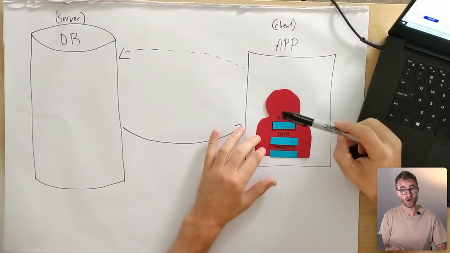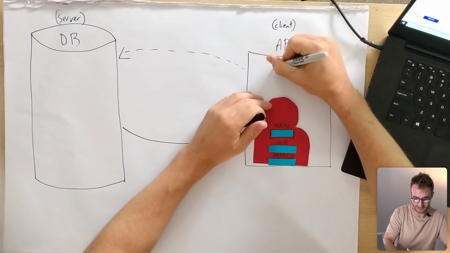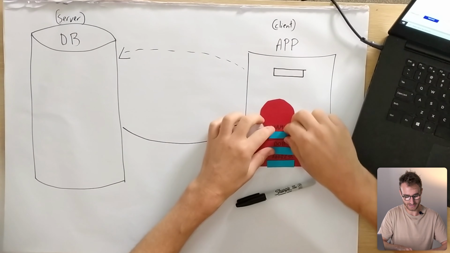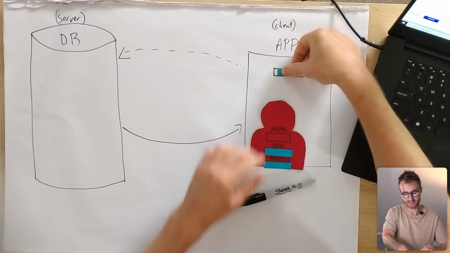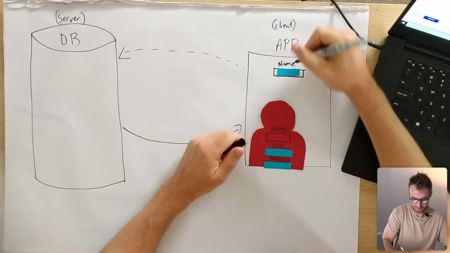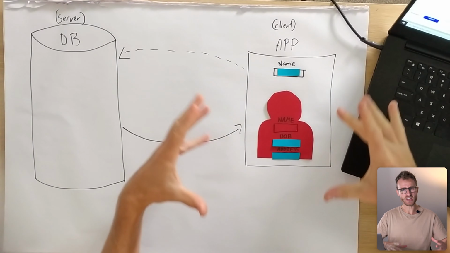And now the app might only need the name. It might only have a field over here which is going to display the user's name, let's say. But these other fields are still there. As we've seen, they're not being made visible.